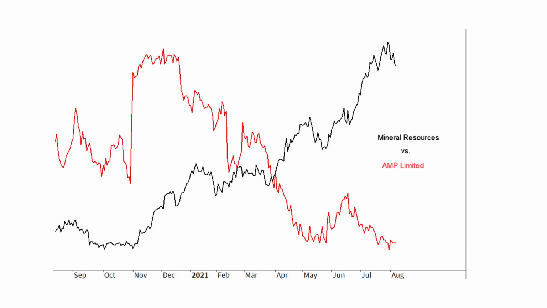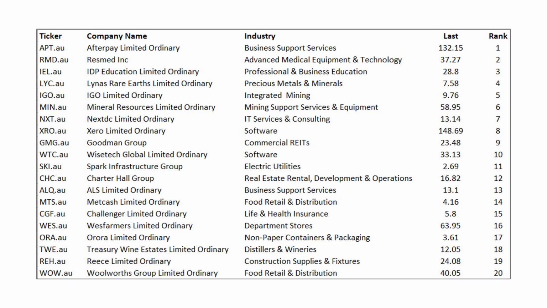So here's a list of the top 20 stocks in the ASX 100 measured by their momentum as at a week or so ago. What we do here to calculate momentum is calculate the price momentum, and there are several ways you can do that. You can use rate of change, you can use linear regression, there are plenty of ways you can do it.